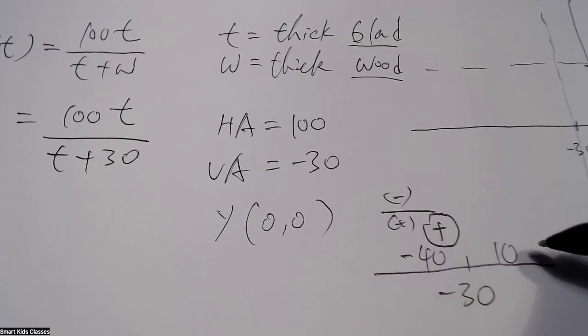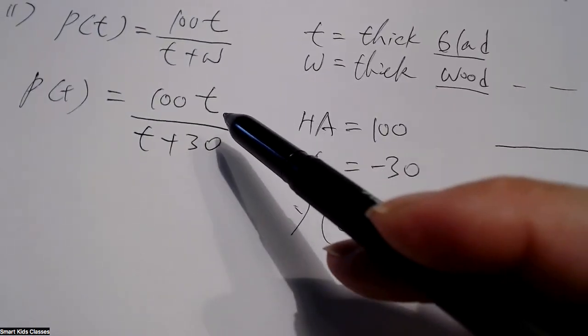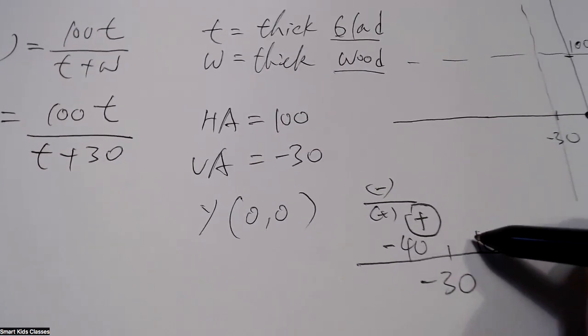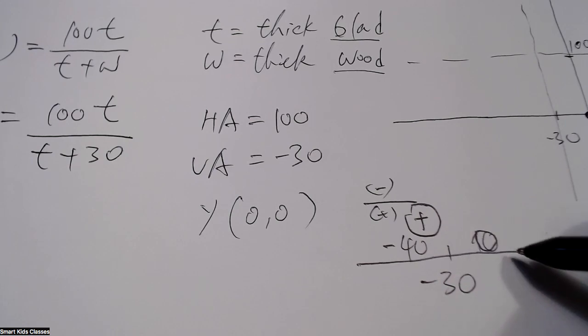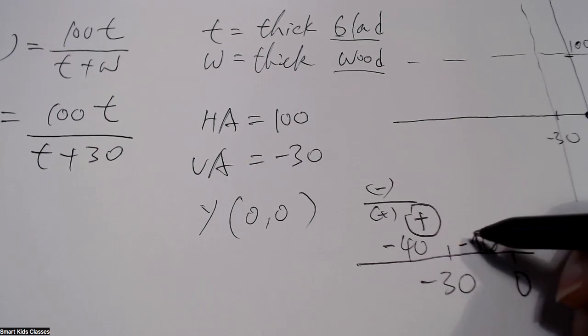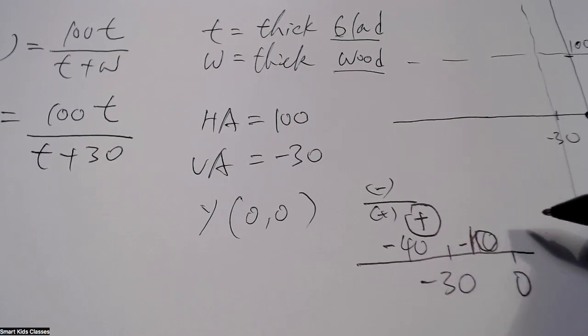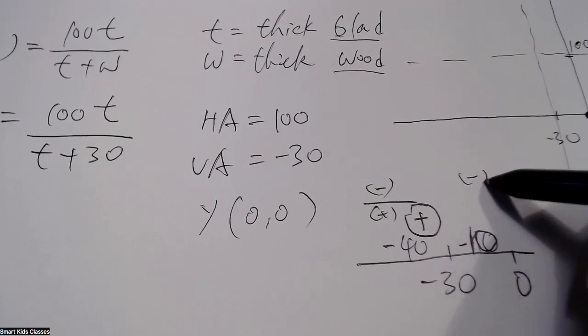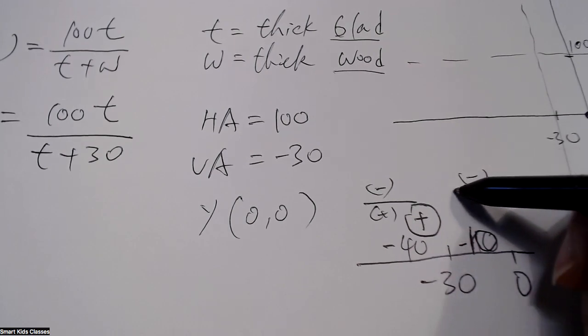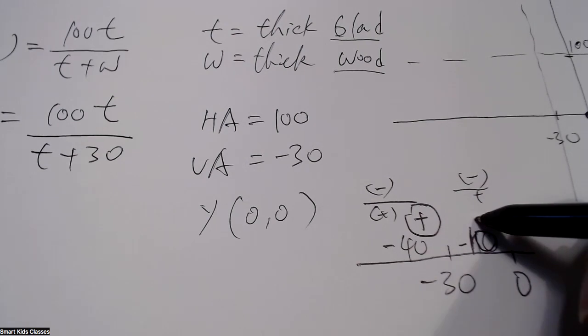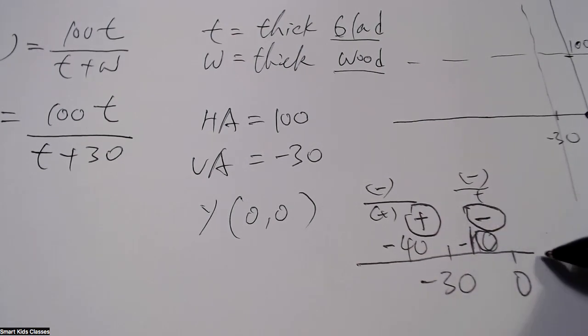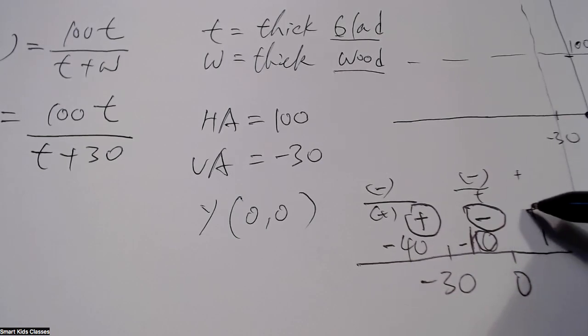How about 10? If it's 10, we have one more point when t equals 0. So we're going to put 0 here, and test negative 10. When it's negative 10, we get negative over positive, so we get negative here. How about when it's 1? We get positive over positive, so we get positive here.